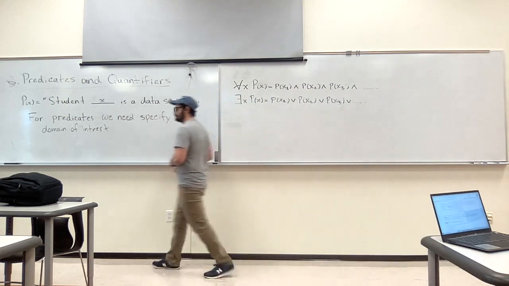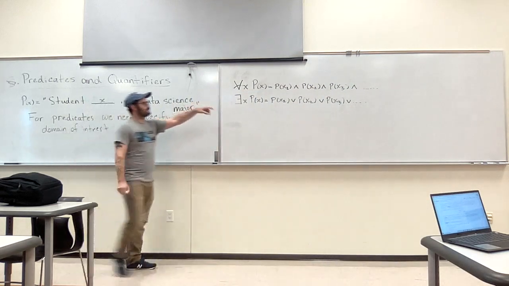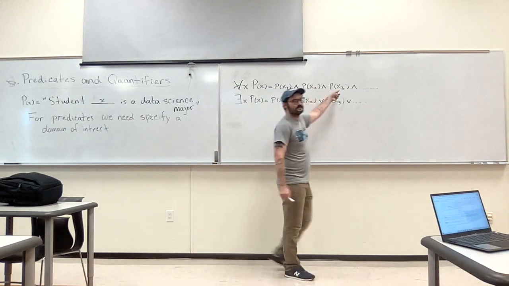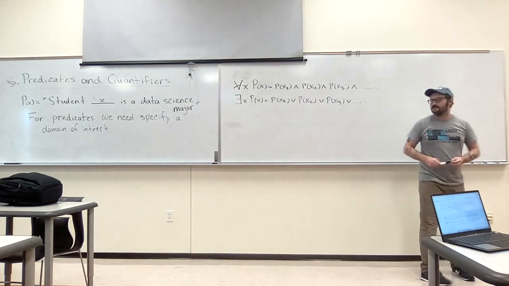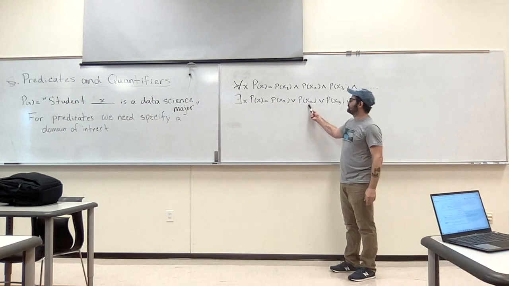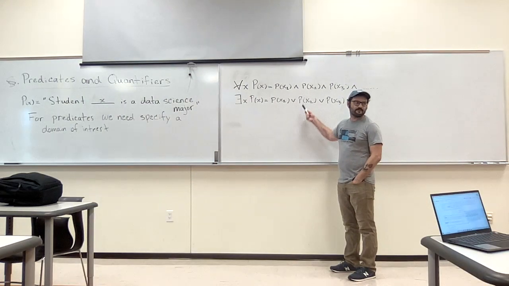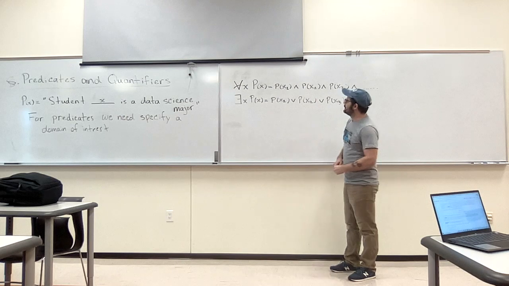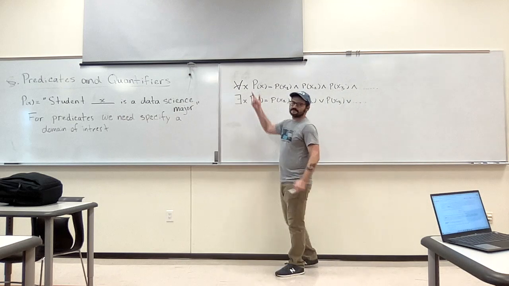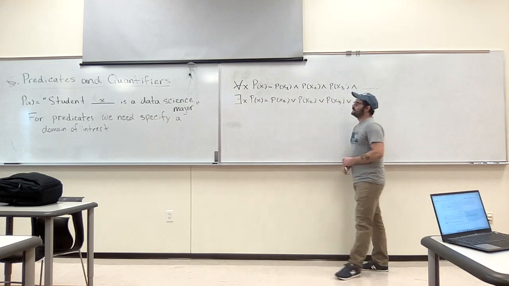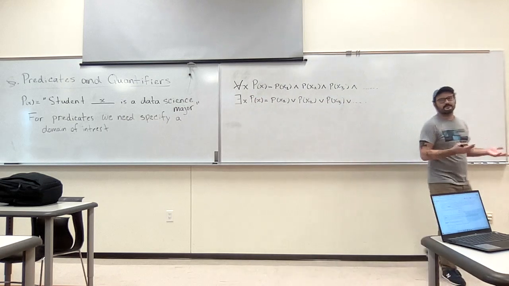Okay, so you know these symbols, right? It's the and, the conjunction of this. And you know that once you plug in a particular value from your domain of interest, it becomes a proposition, just like we've done before. So whatever this thing is, it's true only when something.